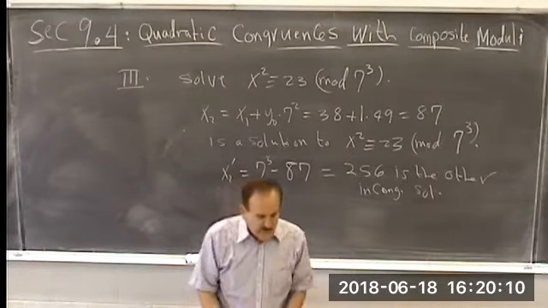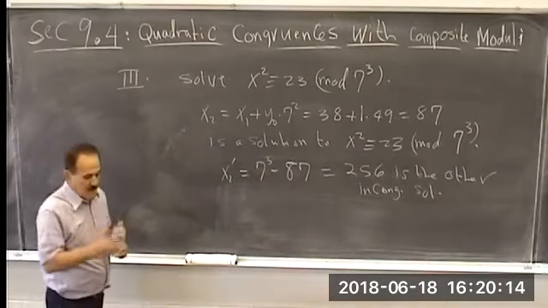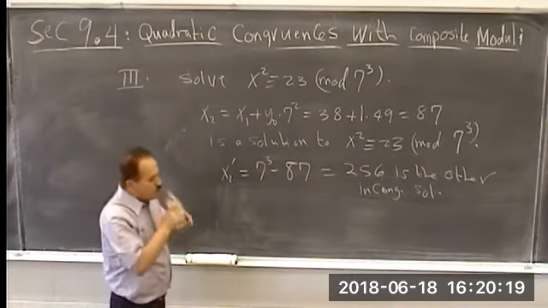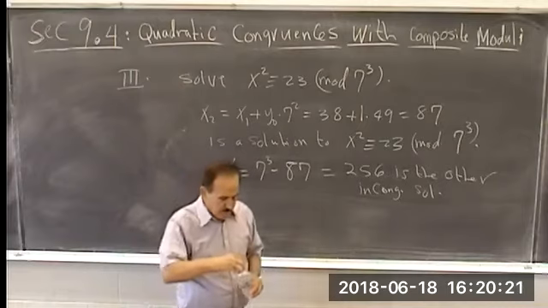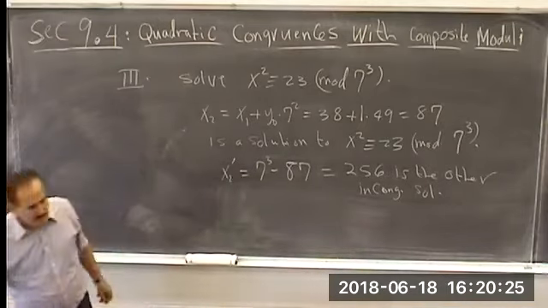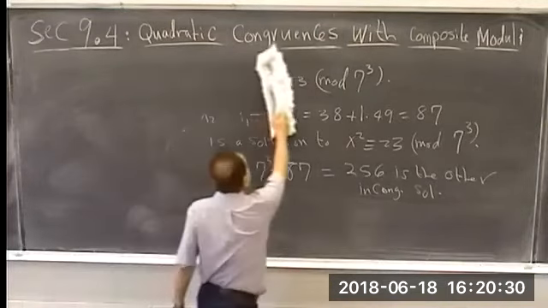Now we're going to give a similar solvability criterion for powers of the even prime 2. So here's the second theorem, 9.12.